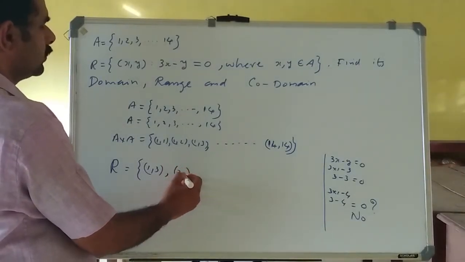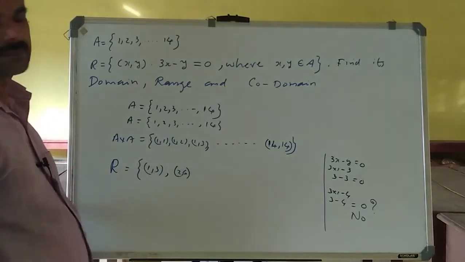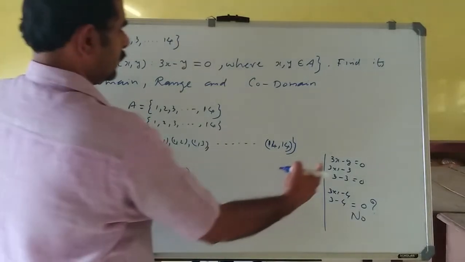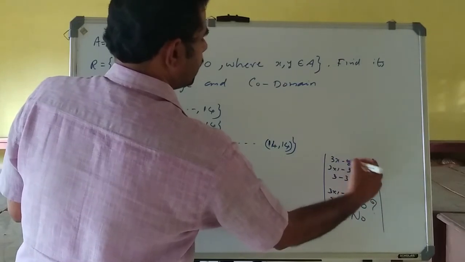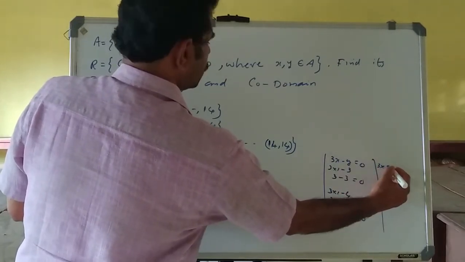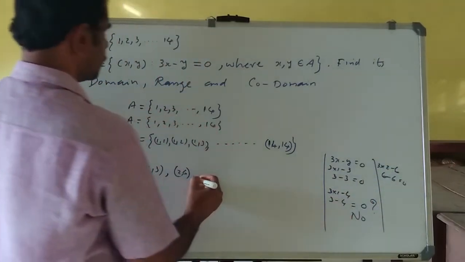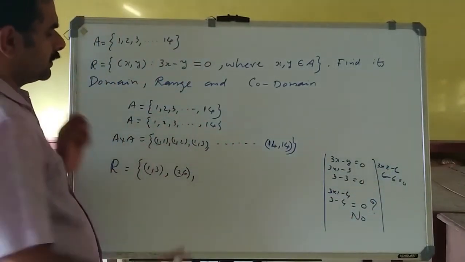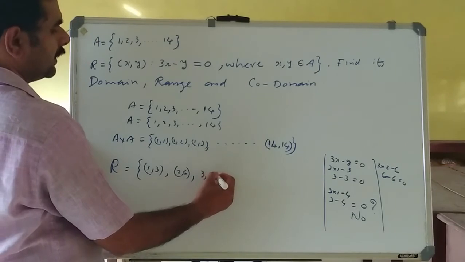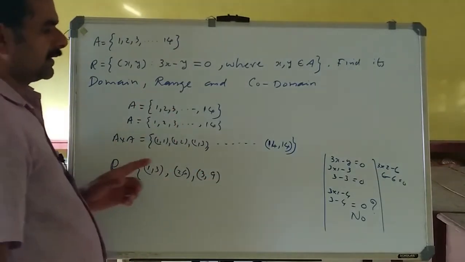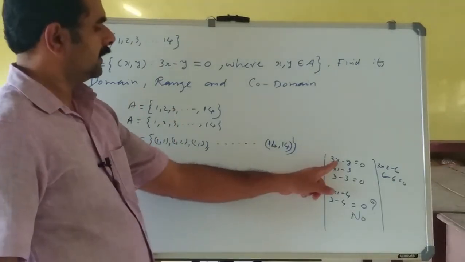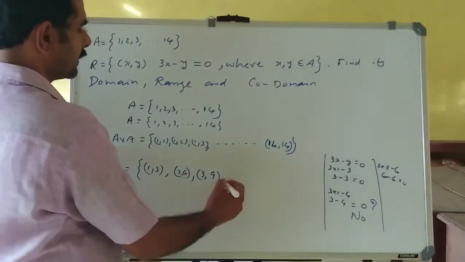Then what about 2 comma 6? Yes. 3x minus y, that is 3 into 2 minus 6, 6 minus 6 equal to 0. So 2 comma 6 is possible. Then what will be the next pair? Yes, 3 comma 9. 3 into 3 is 9, minus 9 equal to 0.